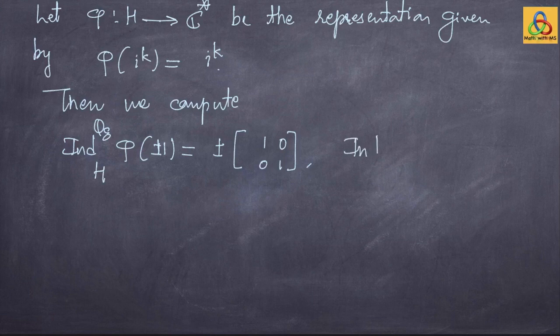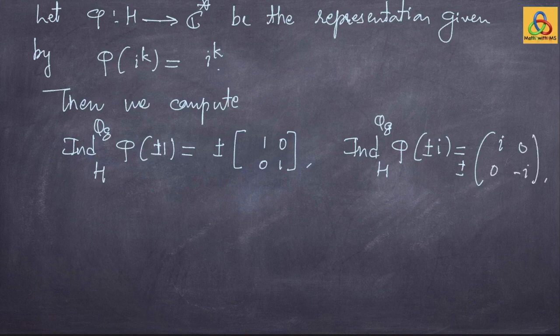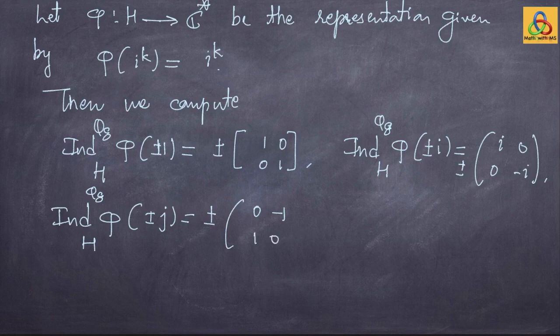You can write the induction of phi from H to Q8 acting on plus or minus iota as plus or minus the matrix iota 0 0 minus iota, and similarly the induction acting on plus or minus j as plus or minus the matrix 0 minus 1 1 0.